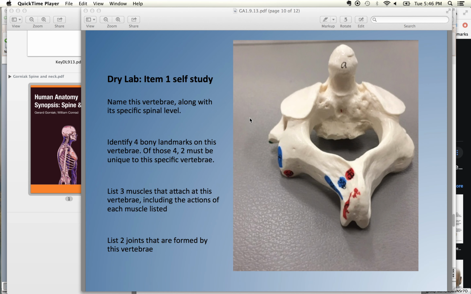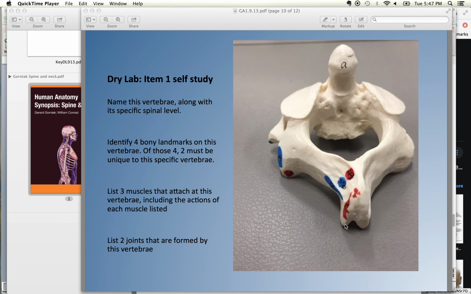Okay. The 2 unique landmarks are going to be your dens or odontoid process, labeled A in this picture, and then the bifid spinous process, where this spinous process comes and meets together and splits into 2 for those muscle attachments found there.